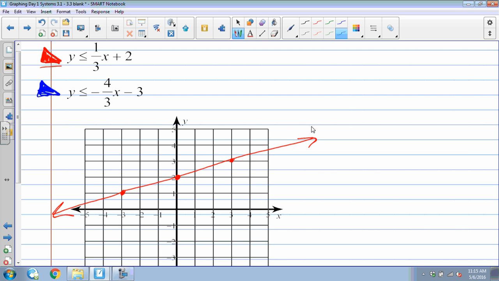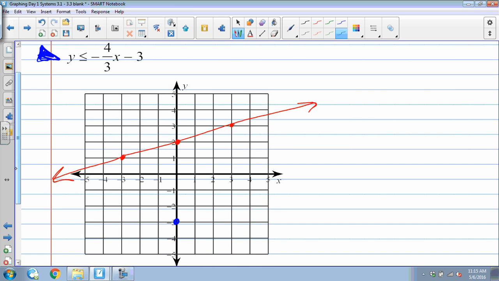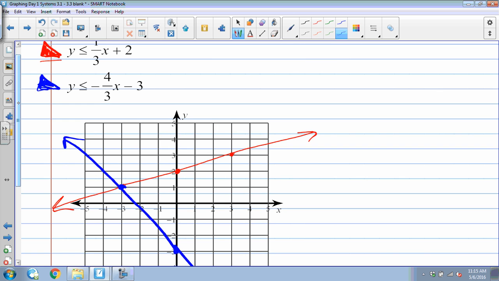I go down to 3, and then I go down 4 and to the right 3, or up 4 and to the left 3. And again, it's a solid line. Now, the red line, I have to shade everything below it. So it's everything underneath here.